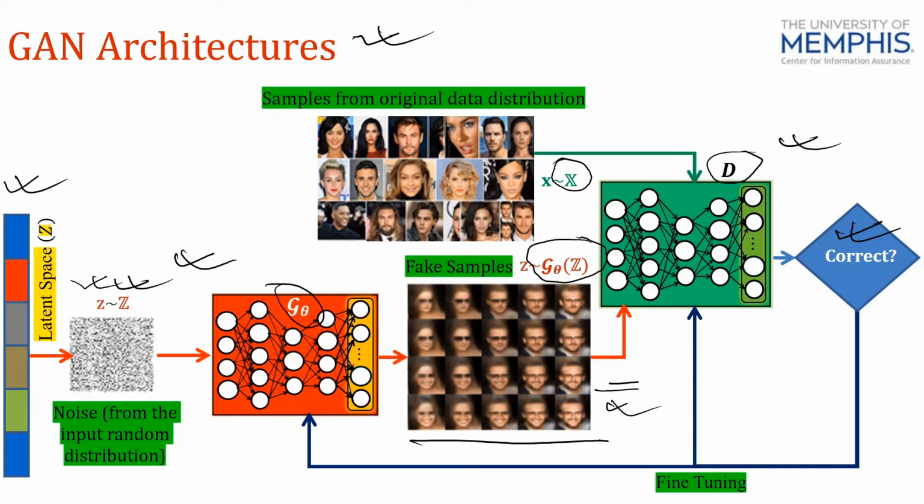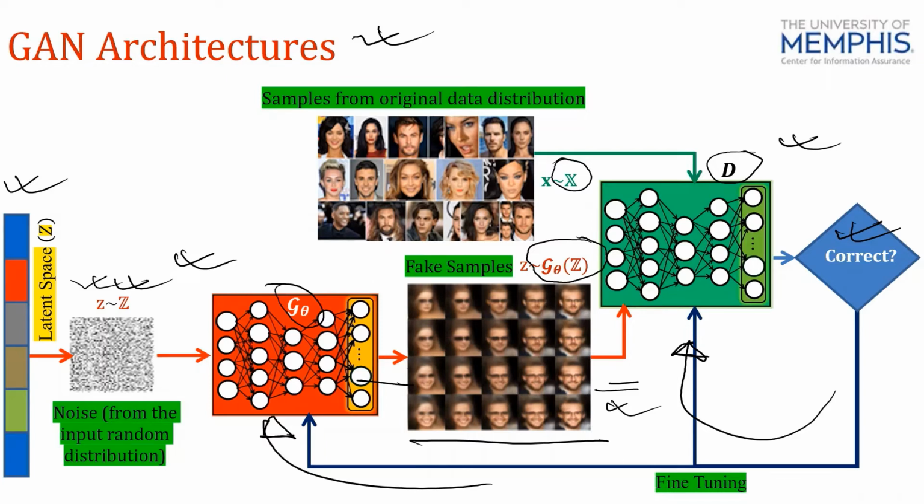Using the backpropagation we fine tune the weights of this discriminator as well as the weights of this generator network. Once the weights are adjusted, the generator will produce a lot of fake samples once again, and those fake samples will be given to the discriminator.